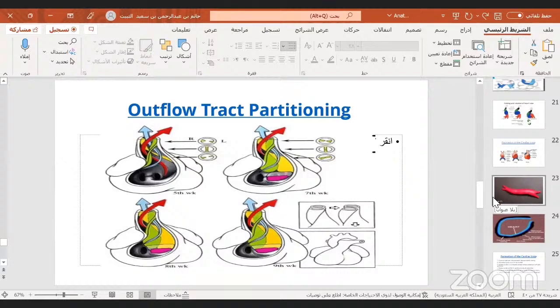If that can be accomplished with your right hand in the morphologic right ventricle, that's D-looping. If it's your left hand that does that in the right ventricle, then it's L-looping. The opposite of the looping process can result in L-looping.